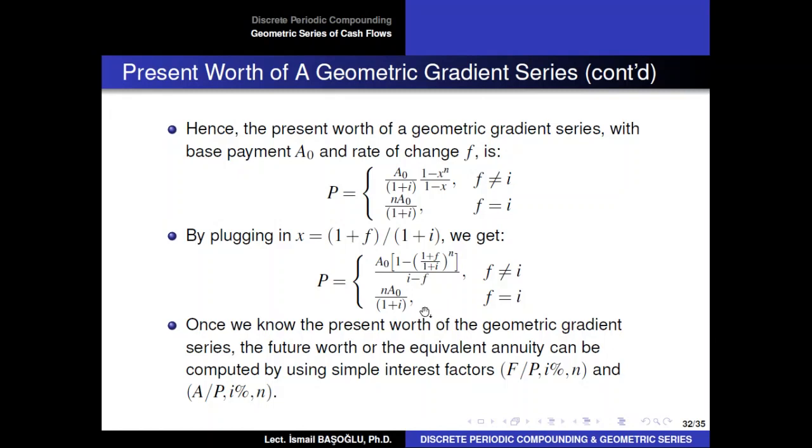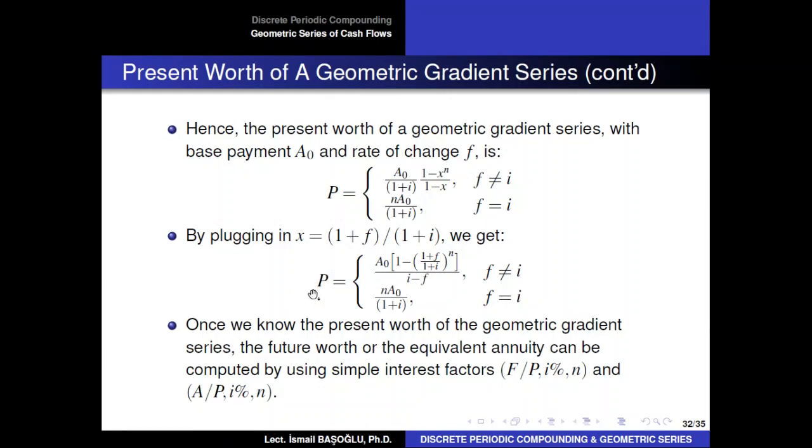So, the geometric gradient series. If you get a question based on geometrically increasing or geometrically decreasing cash flows, in that case, you can use this formula to calculate the present value of this cash flow structure. Now, once you calculate the present worth of these cash flows, you can also convert the present worth to the future value. In fact, you can also calculate the equivalent uniform series as well.